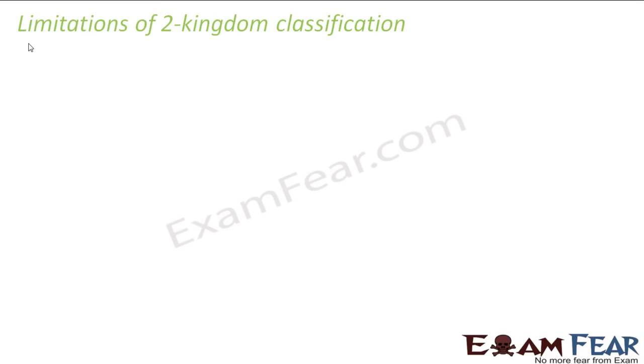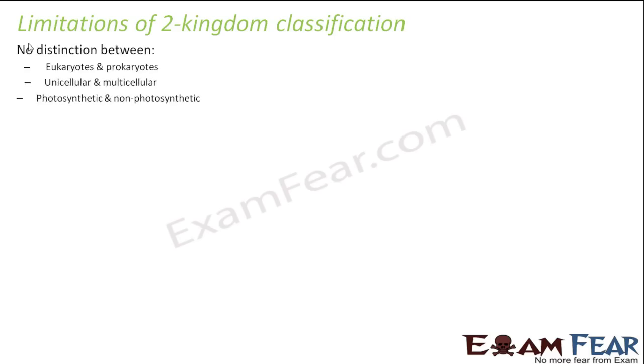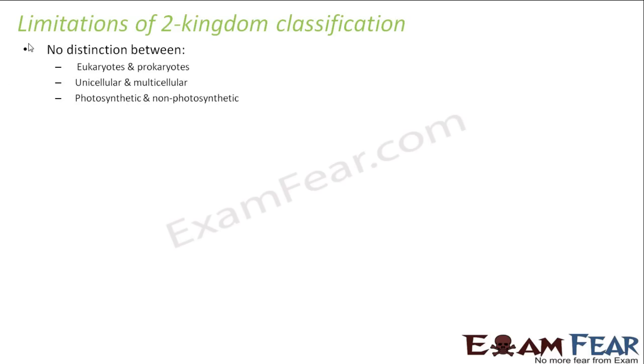Now let us see what were the drawbacks of this two kingdom classification that made it a failure. Now, first of all, there was no distinction between eukaryotes and prokaryotes. We all know what is a eukaryote and what is a prokaryote by now. But still, just for a review, eukaryotes are those organisms in which the cells will have the specific cell organelles.